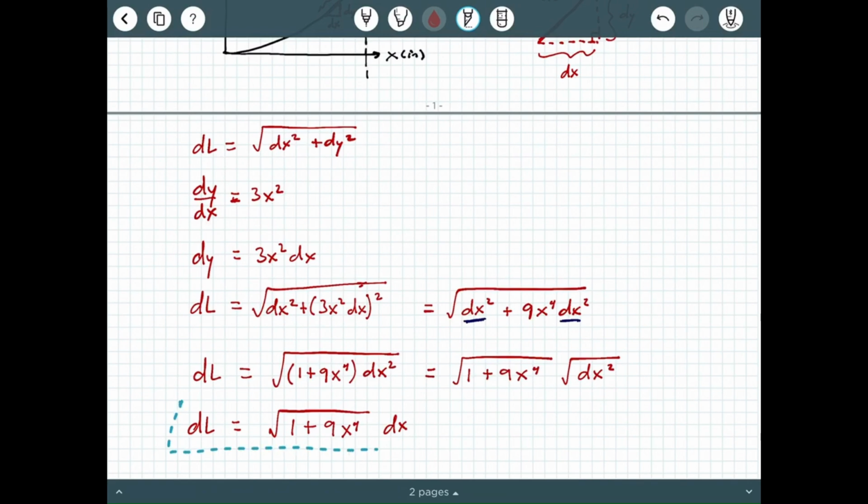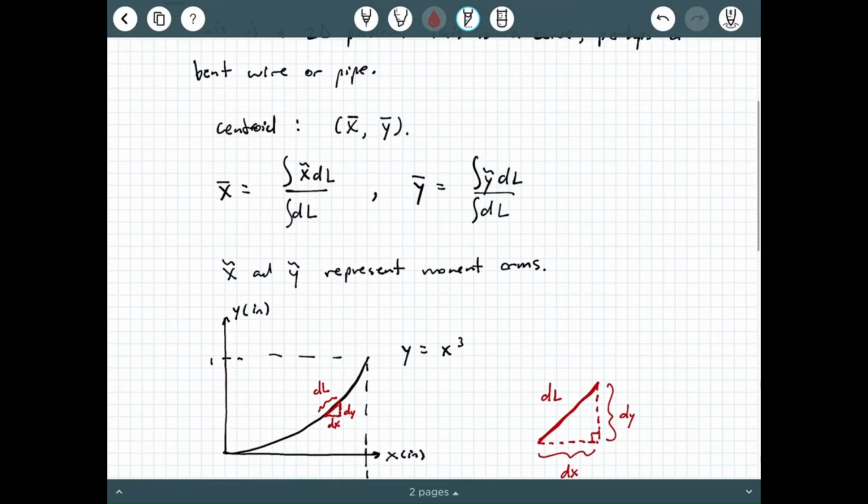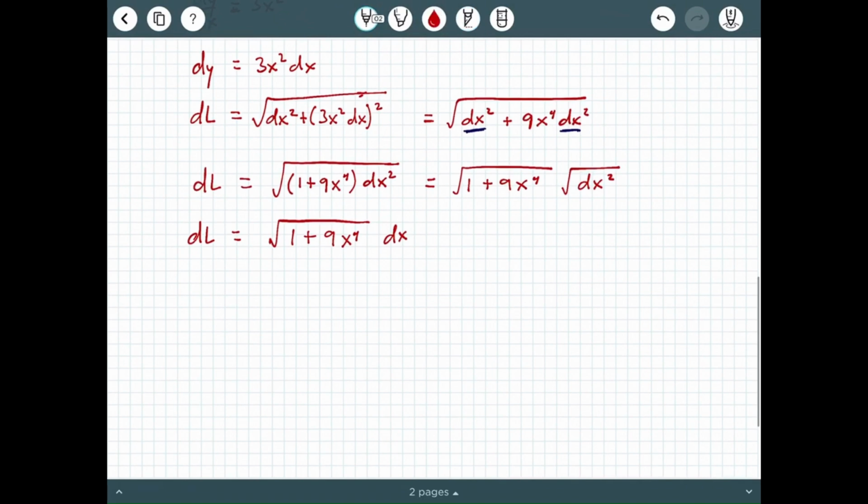So check out what we have now. We have a term for dl, all right? Now that term for dl, guess where that's going to go? That's going to go into our integrals for both x bar and y bar, okay? So now we can rewrite the integrals.